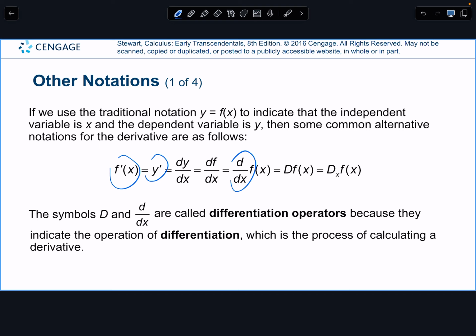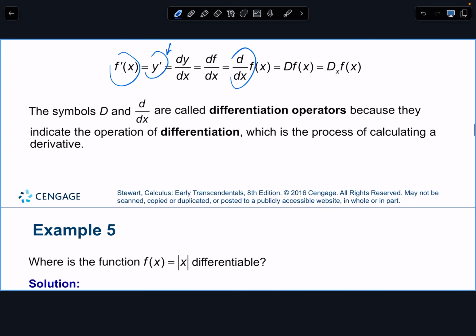It's because two different people started calculus: Isaac Newton in England and Leibniz in Germany, and they both used different notation. They both started calculus about the same time, and so even to this day, we have different notations for calculus. I like to write y prime. Why? Because it's less writing. But you might have a teacher in another class who likes the d over dx notation, so you want to realize that they're both valid notations.